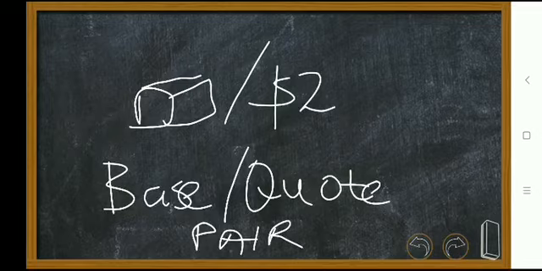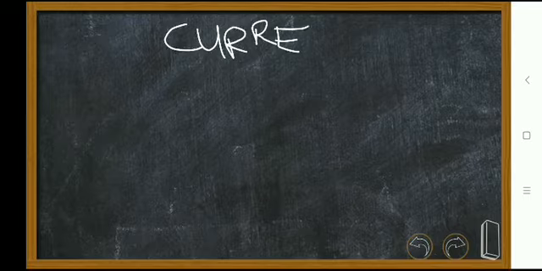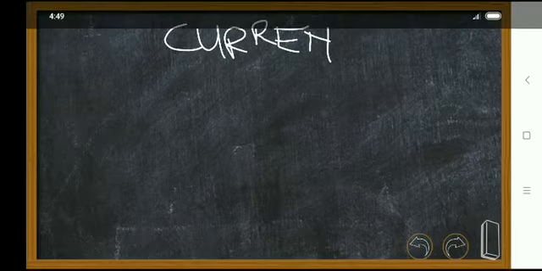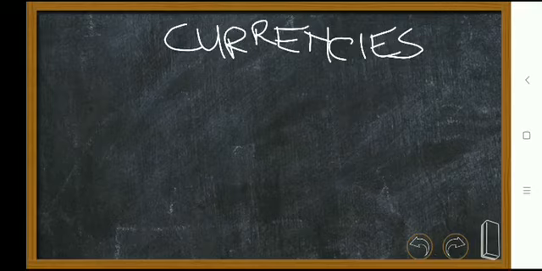So since we deal with Forex, we won't be dealing with bread and its exchange rate, if I may say. We will be dealing with currency pairs. When you trade foreign exchange, you deal with currencies or currency pairs.